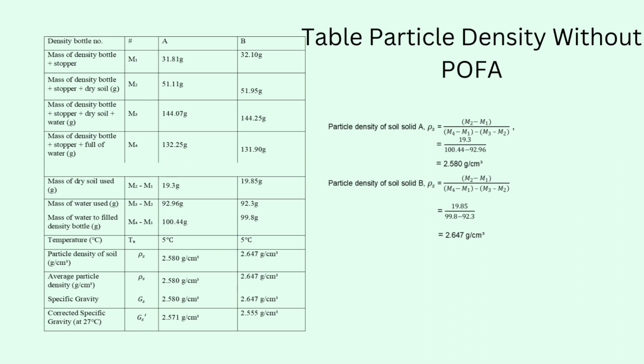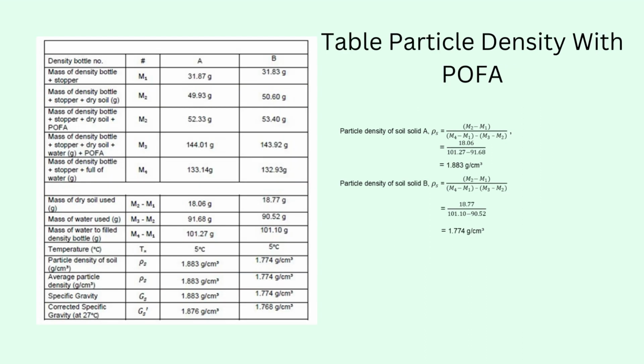So this is the table of particle density without POFA or without additive, and we can determine the particle density from the table. And this is the table of particle density with POFA or with additive.